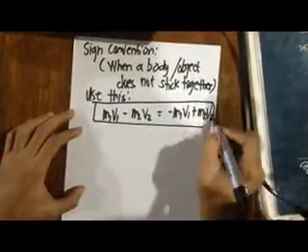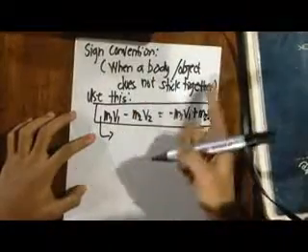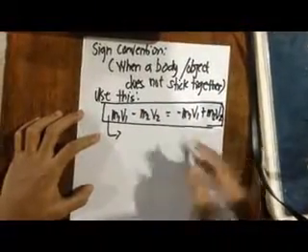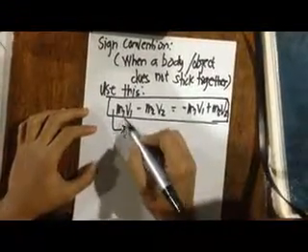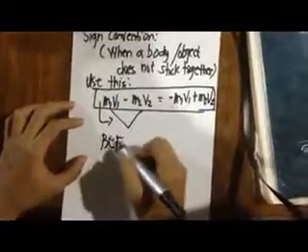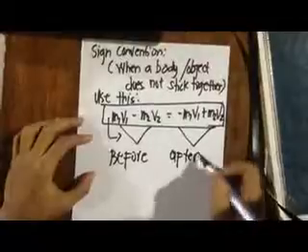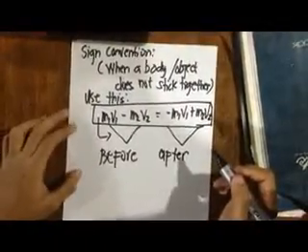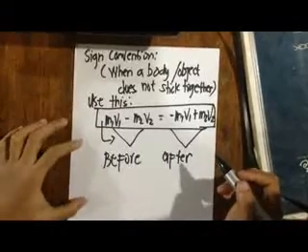This will be our sign convention whenever a body or object does not stick together. For m1 v1 minus m2 v2, you have to interchange the sign. This is before and this is after. So now we have defined our sign convention, so we can now solve the problem.